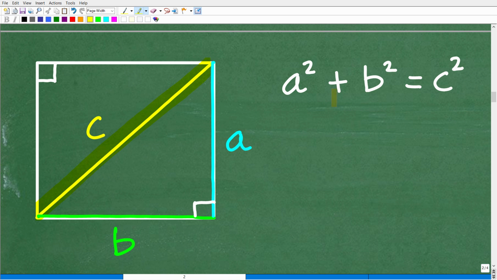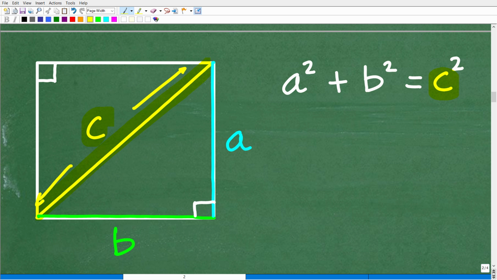In terms of the Pythagorean theorem, that is always going to be the length c. So length c in this theorem is always the longest side. The other two sides we just refer to as the sides. We could call this side a and this side b, or vice versa. That doesn't make a difference, but the longest side always has to be c.